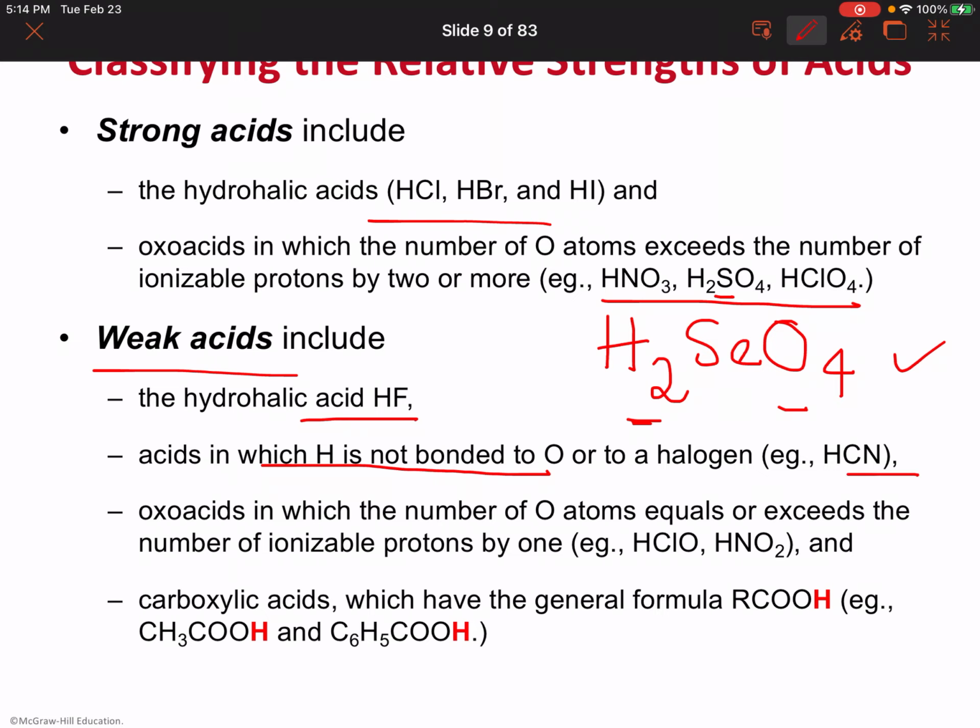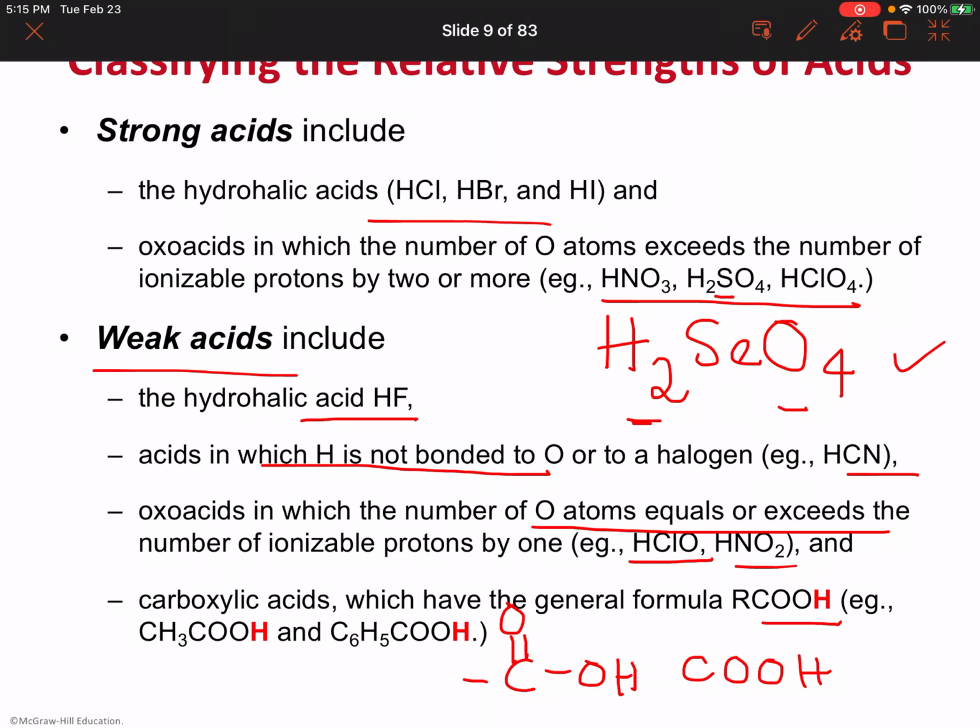And then oxoacids in which the number of oxygen atoms equals or exceeds the number of ionizable protons by 1, like hypochlorous acid, nitrous acid. And then carboxylic acids, when you have this COOH group, and they look like this when you expand their structure. Carboxylic acids are also weak acids.